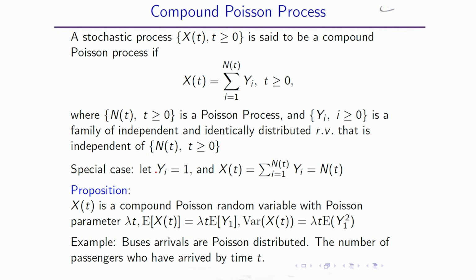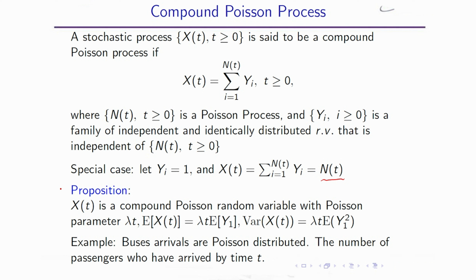A very special case is when Y_i is equal to 1, because then X_t is equal to the summation from i equals 1 to N(t) of 1, so that would be N(t). Okay, and we know N(t) is the Poisson random variable.